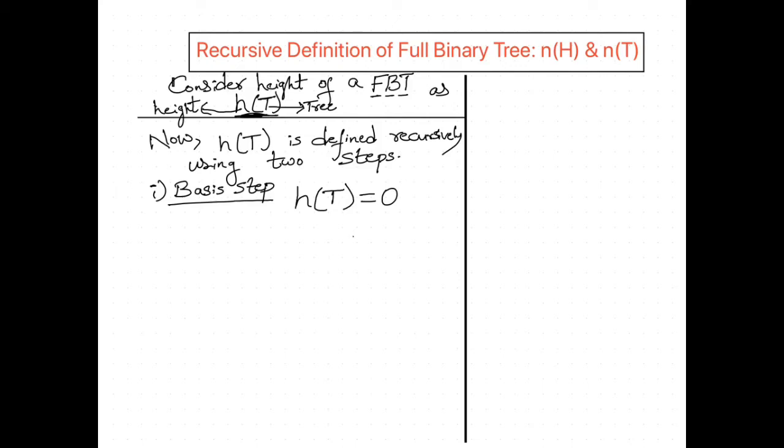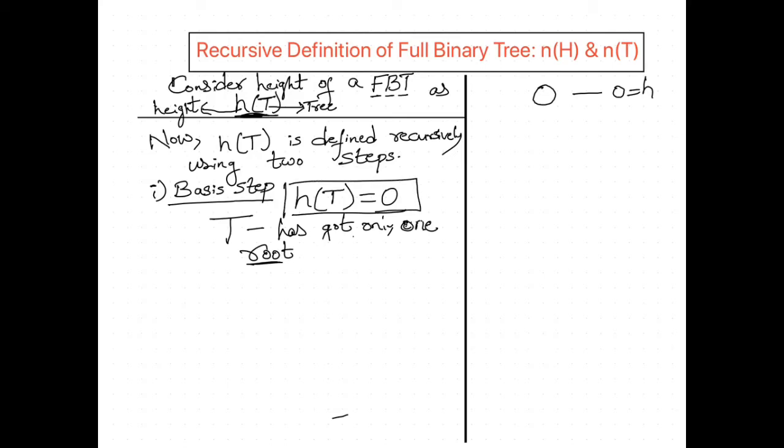Because in basis step, the full binary tree, which is T, has only one node, that is the root. If I have only one node in a full binary tree, what is the height? Height starts from 0, so height is 0. So that's why I have written h of T is equal to 0.